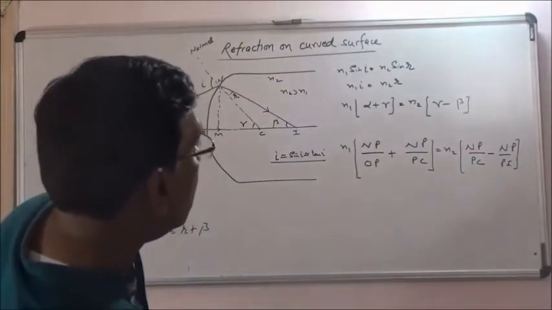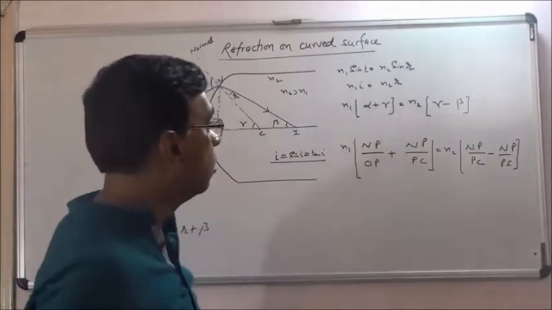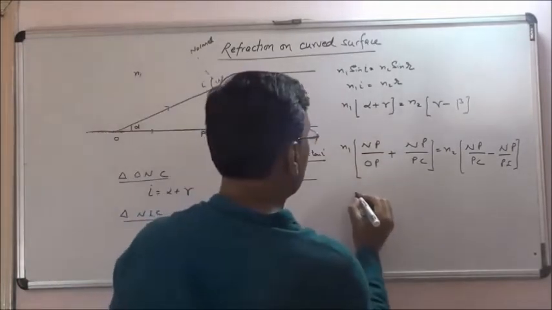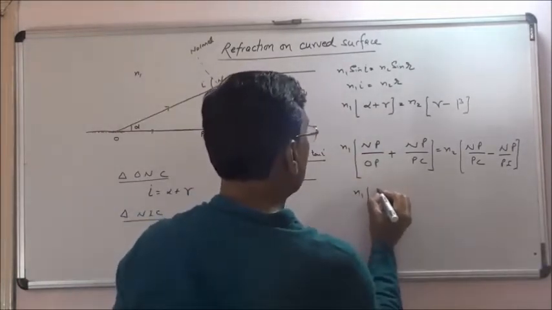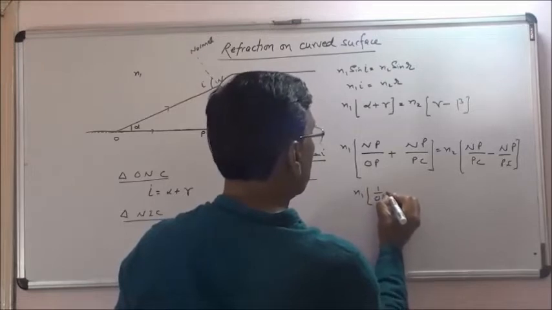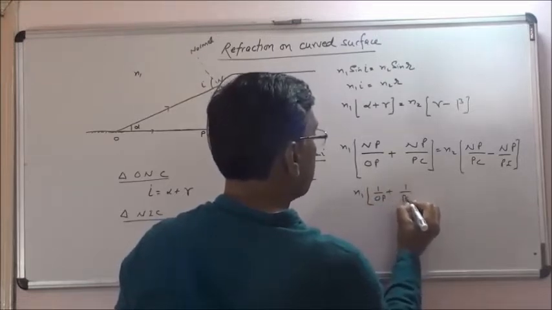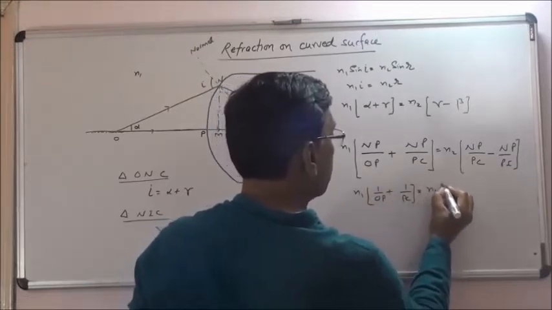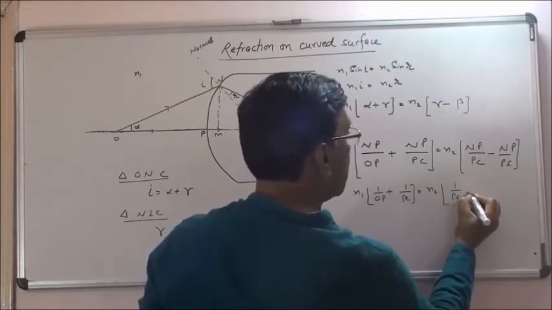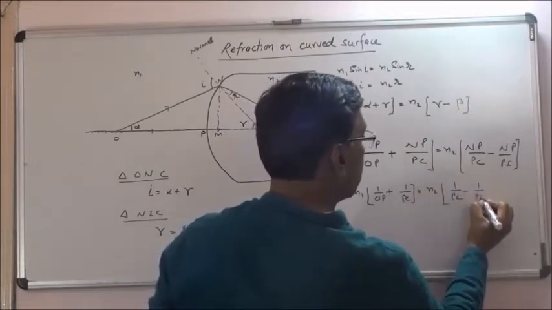NP is common to all, so we can remove it. We have N1 times 1 upon OP plus 1 upon PC is equal to N2 times 1 upon PC minus 1 upon PI.